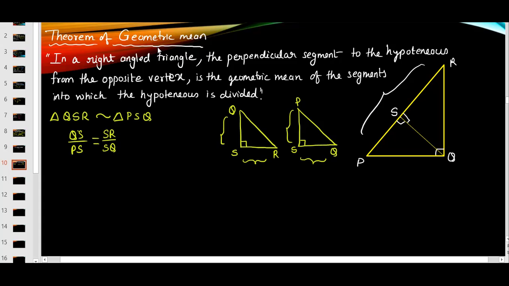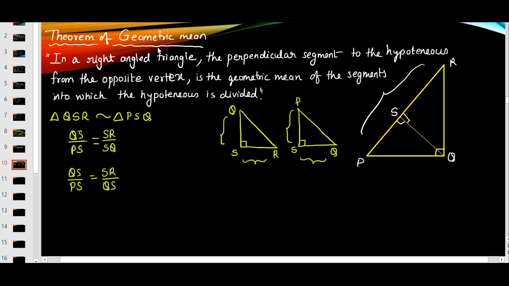SQ. If you see here, SQ is there, here also SQ is there. So let us write the next step: QS divided by PS equals SR divided by QS. SQ or QS, they are both the same. I have just written it in a proper way so that we can write the formula properly.